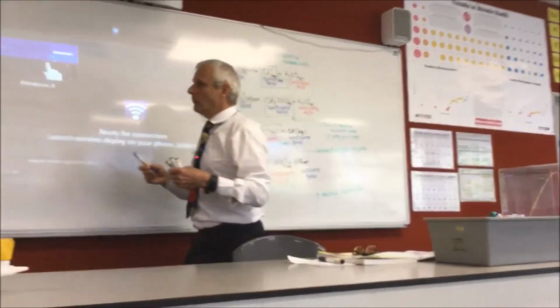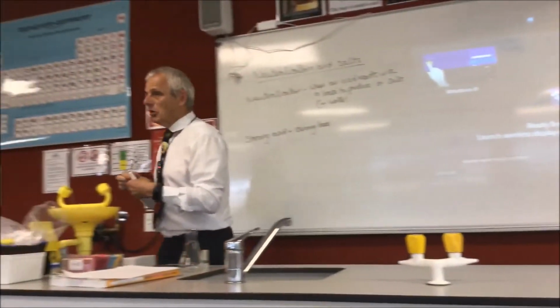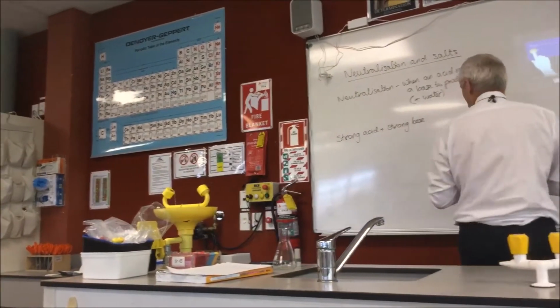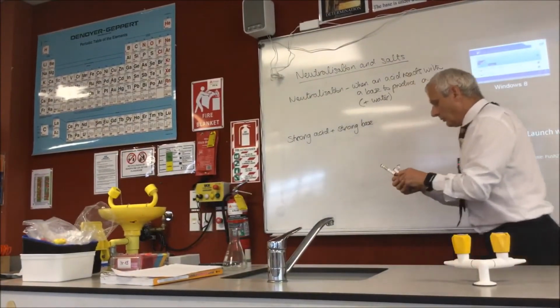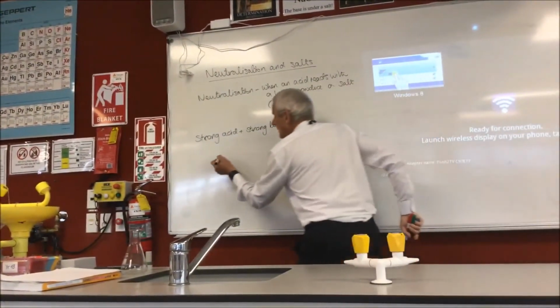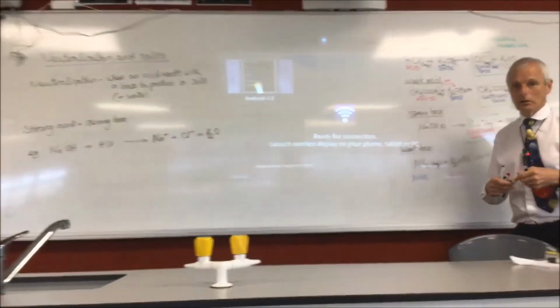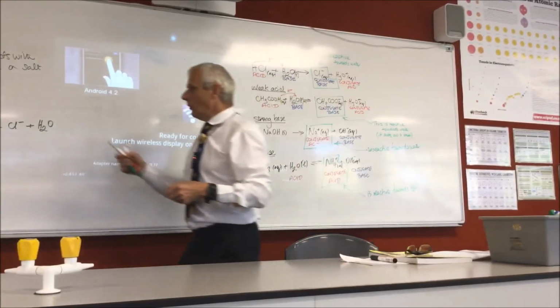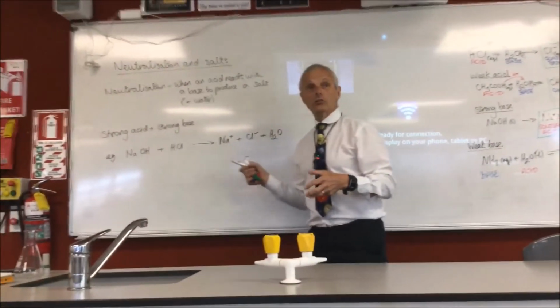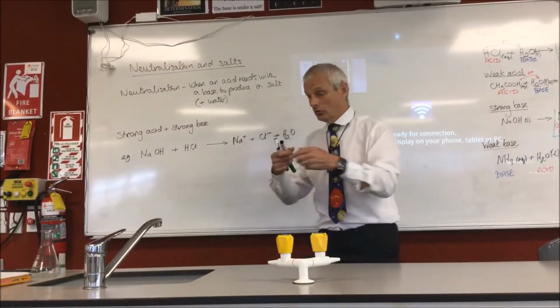So we're going to start off with a strong acid and a strong base. Okay? So let's write one out, an example. I'm going to write it out in full. Okay? So the salt, when it's formed, is in solution, so the ions are separated in solution. Okay?